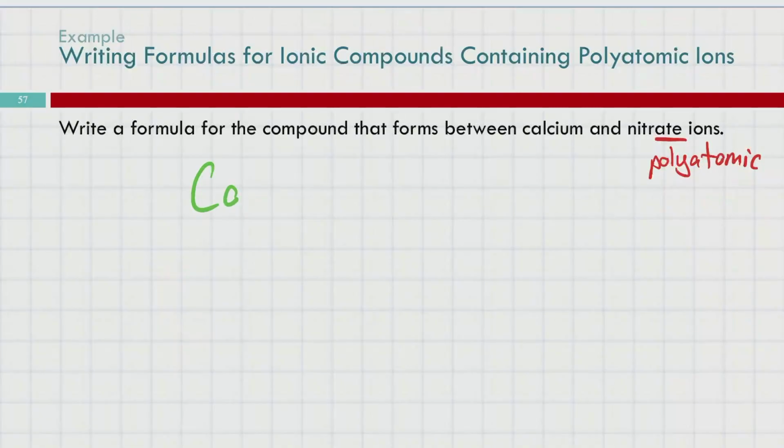So we've got calcium. I believe we've already seen calcium as a 2+. And nitrate, we could go to our table and we would find nitrate, NO3, and that whole group, that NO3, has a 1- charge.